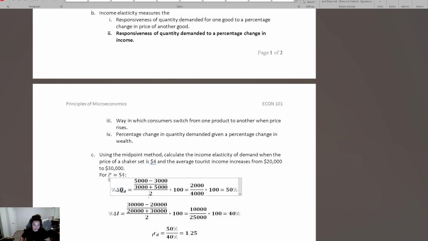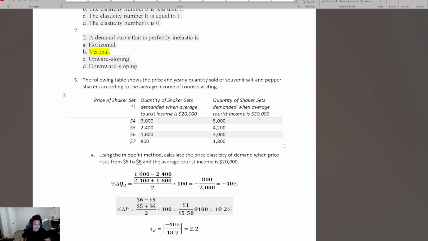In order to get all this information, we actually have to look in our table. Income goes up from $20,000 to $30,000, and that price of $4 tells us where to look in our table, and it actually locks us in this first row. So our new quantity corresponds to our new income.